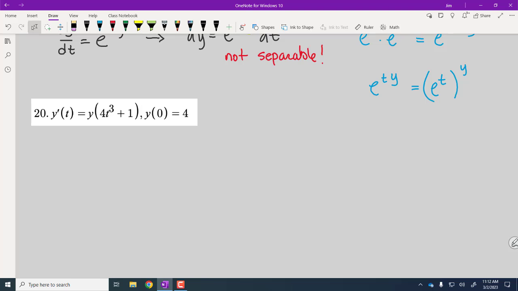Think about a way that you could get that constant in the exponent position down in front. Yeah, you're on the right track. You're going in the right direction.